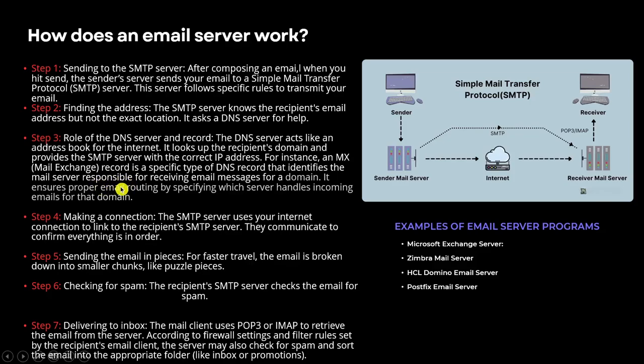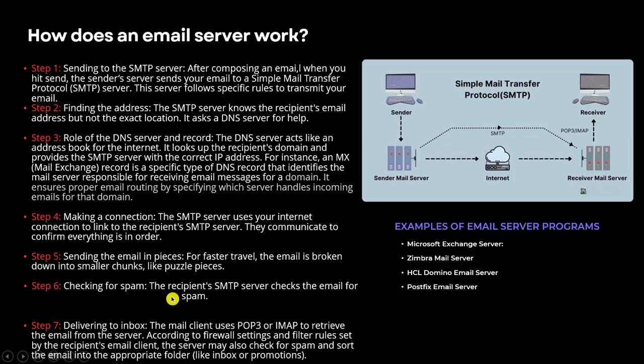It will make a connection with the recipient SMTP server through the internet, and then they will communicate and confirm everything is in order. The next point is sending the email in pieces. For faster travel, the email is broken into smaller chunks. On the recipient side, if you have a spam gateway or email security, it will check and filter out spam.